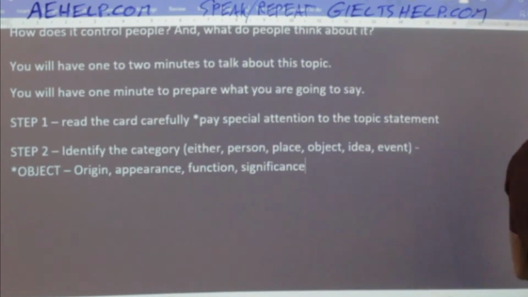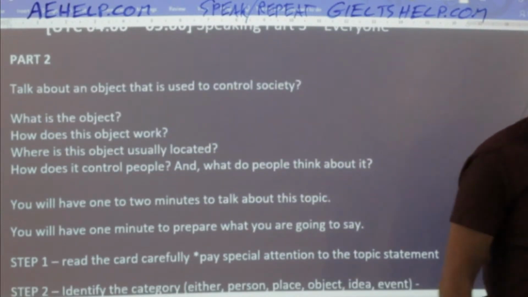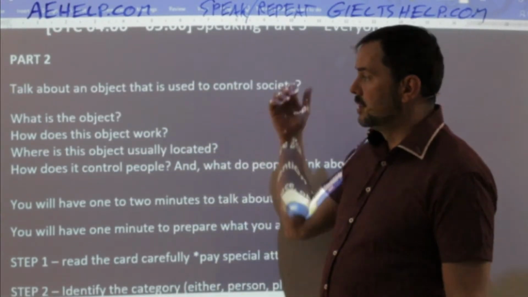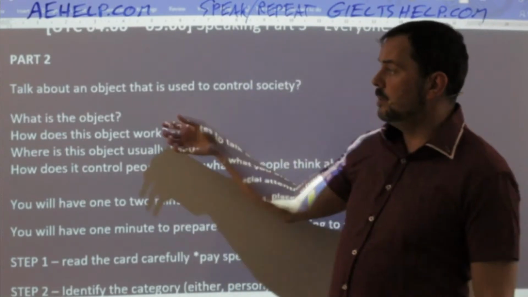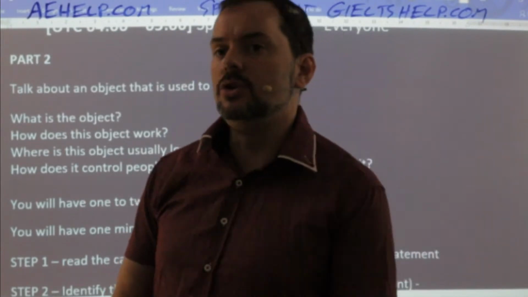Okay, so step 3. Identify the tense, or tenses, used in your response. When we're talking about this object used to control society, what would be the main tense?